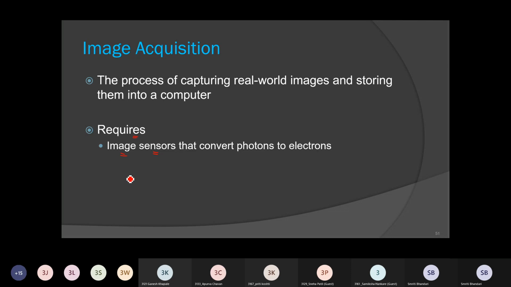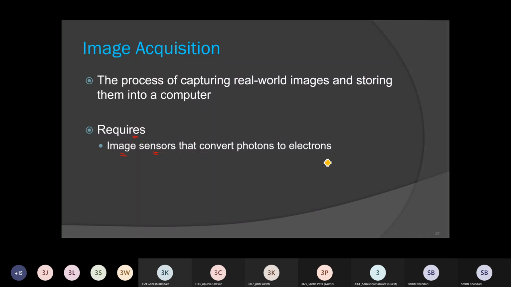We know that the entire electromagnetic energy spectrum is being used for imaging tasks, right? And whichever kinds of image sensors we are using, those sensors convert the energy in the form of photons to electrons so that further it can be utilized in the form of digital images.